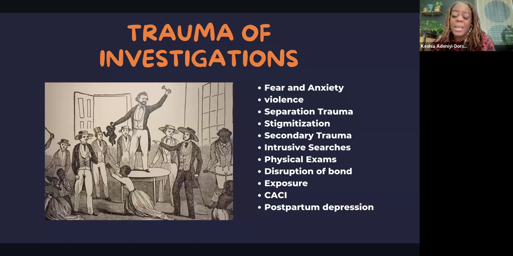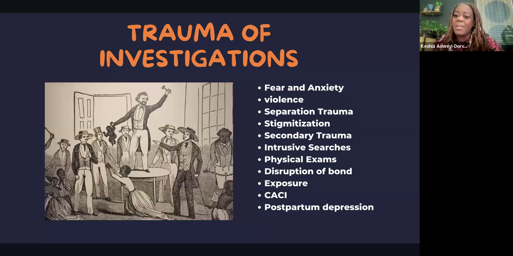There's secondary trauma that happens where moms and parents are having to see their children experience these investigations that can be very intrusive. Body searches, sometimes very intrusive physiological examinations, gynecological exams.